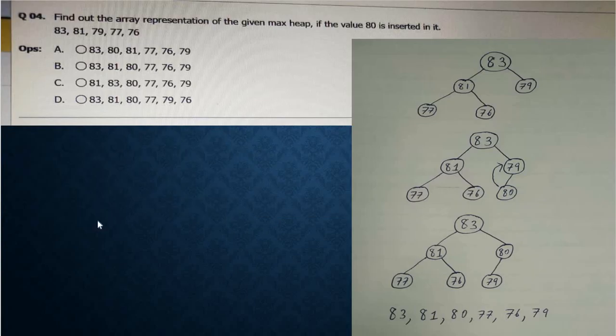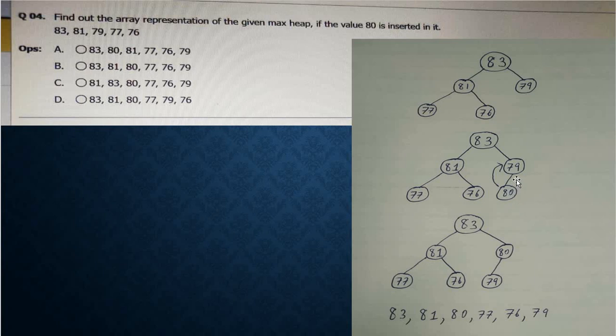For the next question, when we draw the heap tree for this, we will get the following, and when 80 is inserted, the property of the max heap is that the parent node should be greater than or equal to the value of its child node.